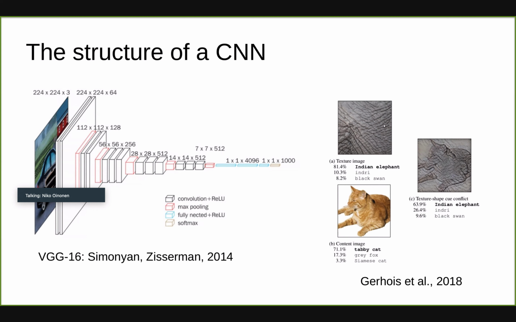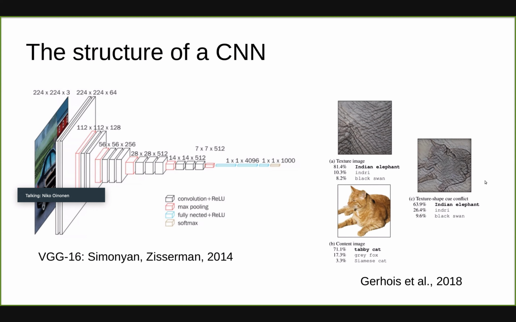So for example, in this example, they gave one of these image classification networks first an image of the skin of an elephant, and it recognizes this is an Indian elephant. Give it an image of a cat, it's a cat. But then you give it this really weird image where it has the shape of a cat, but the texture is one of the elephant skin, and it definitely thinks that this is an elephant.